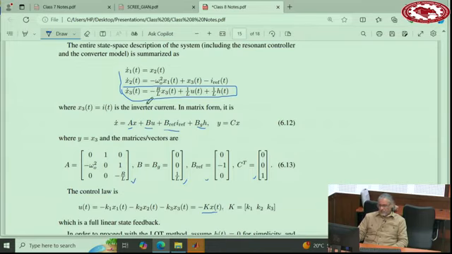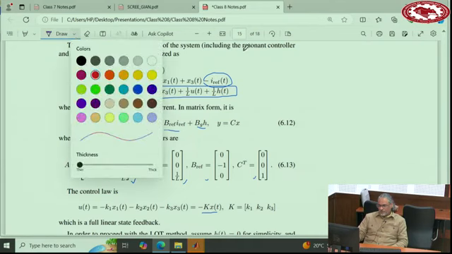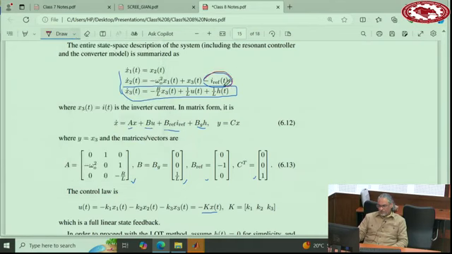However, if you look at these equations, we have terms like this, and this also, which actually prevent us from saying this is an LQR problem. We need to remove them.